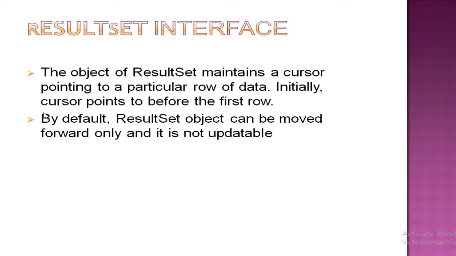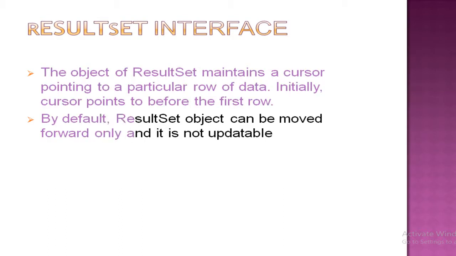Initially the cursor points to before the first row. By default, the ResultSet object can be moved forward only and it's not updatable.